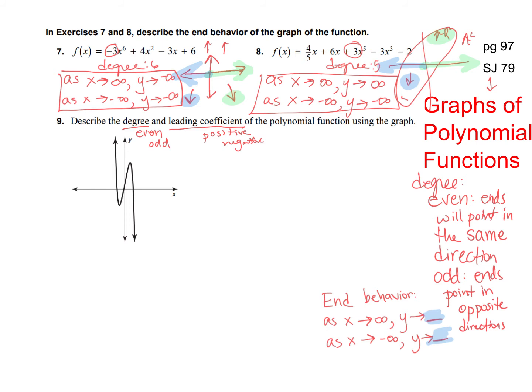So as I look at that, the ends are pointing in opposite directions. If the ends point in opposite directions, then the degree is odd. So I'm going to say degree is odd, and the left side points up and the right side points down. So that graph is rising to the left, which means that the leading coefficient is negative.